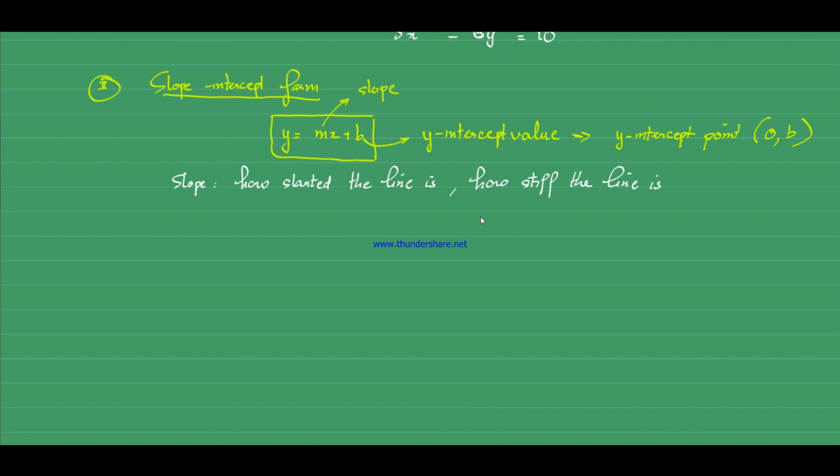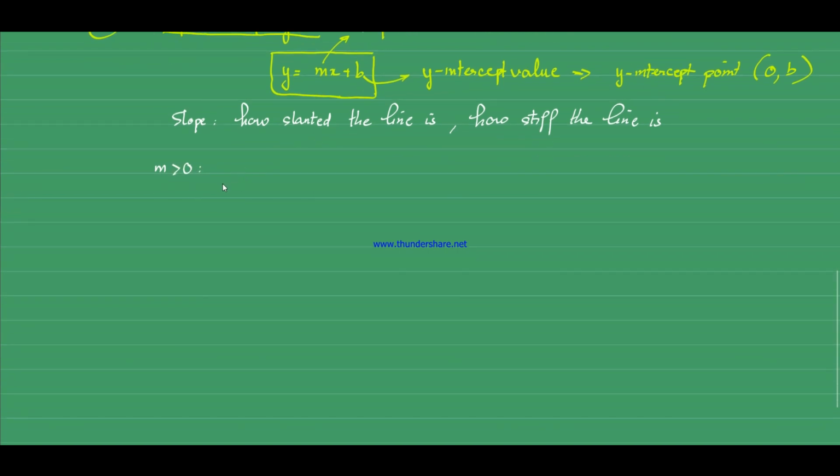Okay, and the slope could be positive or negative. If the slope is positive, then your line is kind of slanted upward. And if the slope is negative, then your line is kind of slanted downward. Now what happens if the slope is 0? If the slope is 0, actually we have a horizontal line.